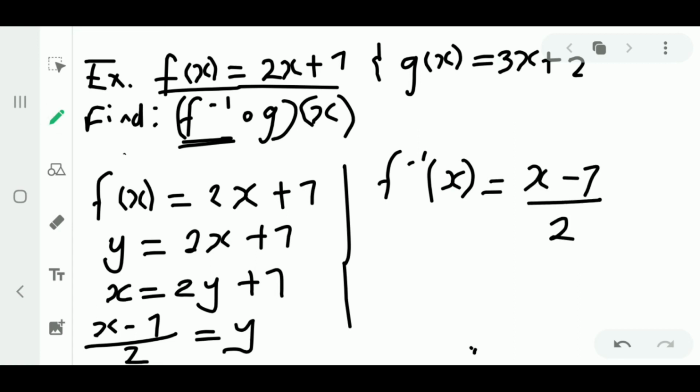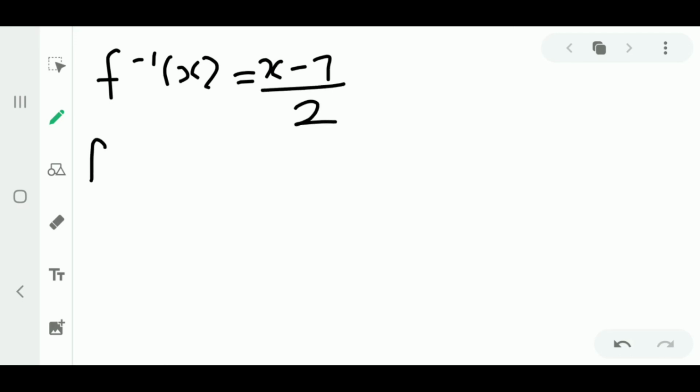Now that we have f inverse of x, we need to substitute g of x anywhere we see x. So we have f inverse of x is equal to x minus 7 over 2. Now we want f inverse g of x.